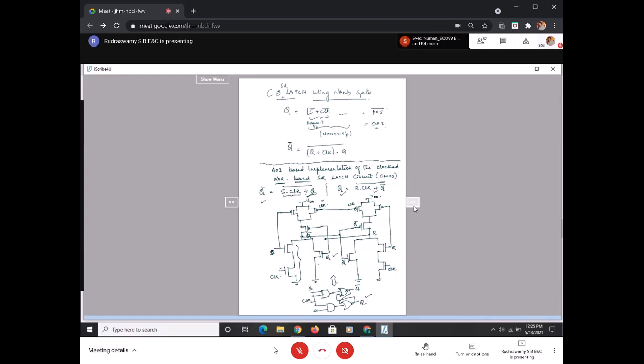Hope this is fine. How this structure has evolved now? I have not written this Q bar, and this is whole bar. Hope this is fine.